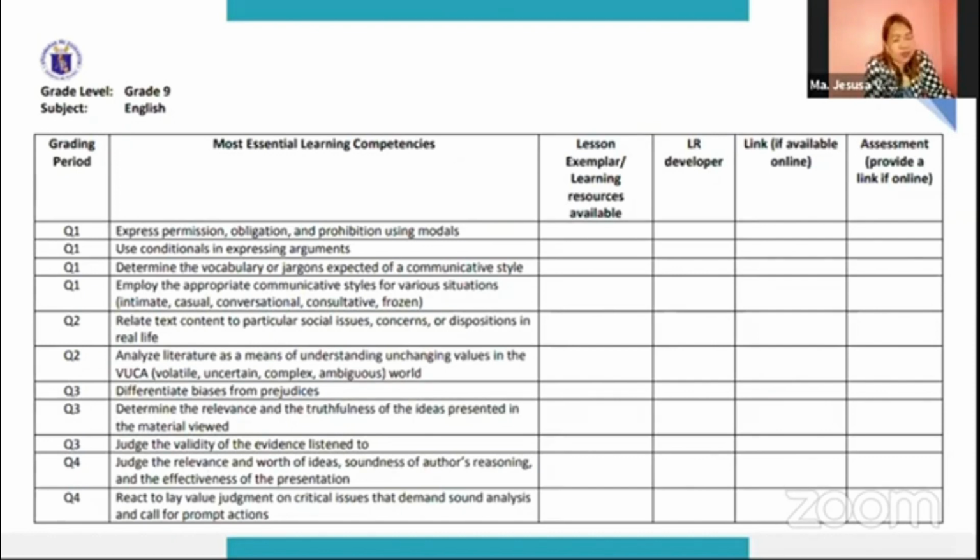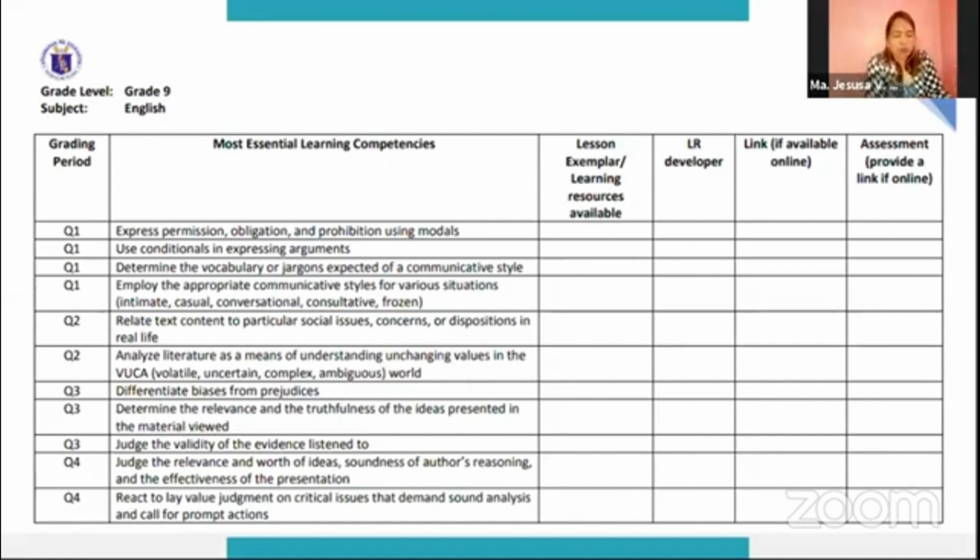So they're going to use different communicative styles whenever they talk with their friends, with their future bosses, or with their parents. So those are the different communicative styles.